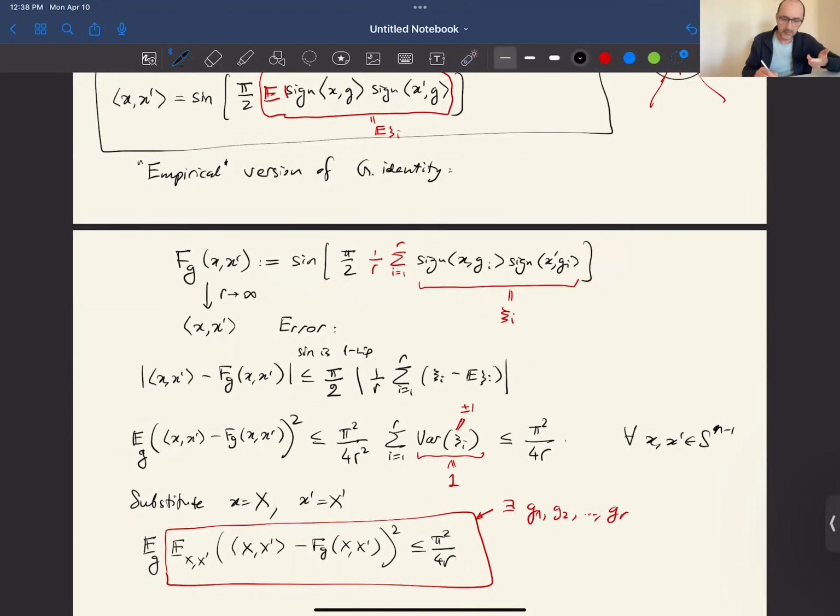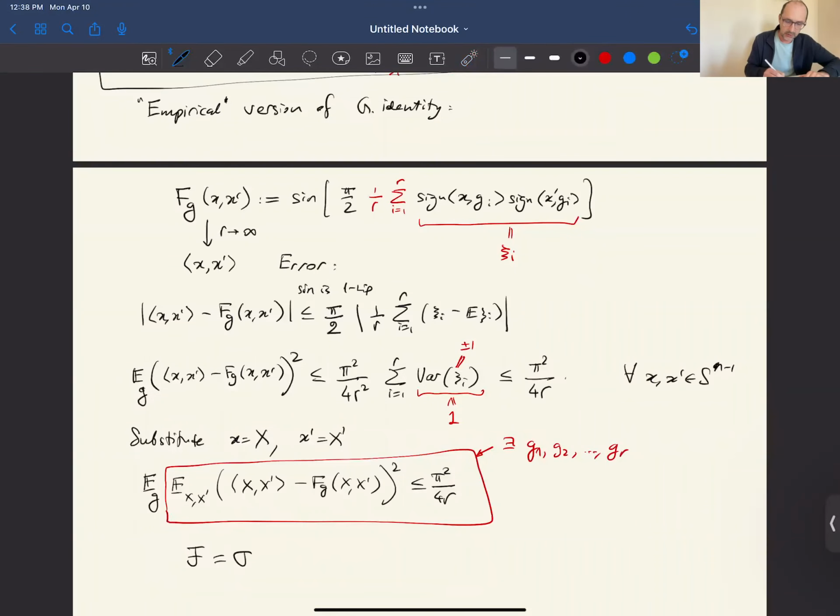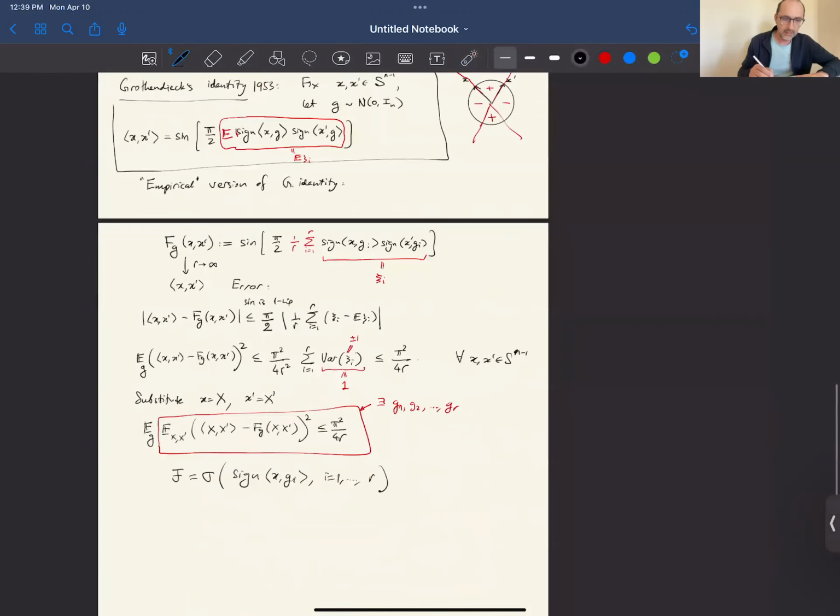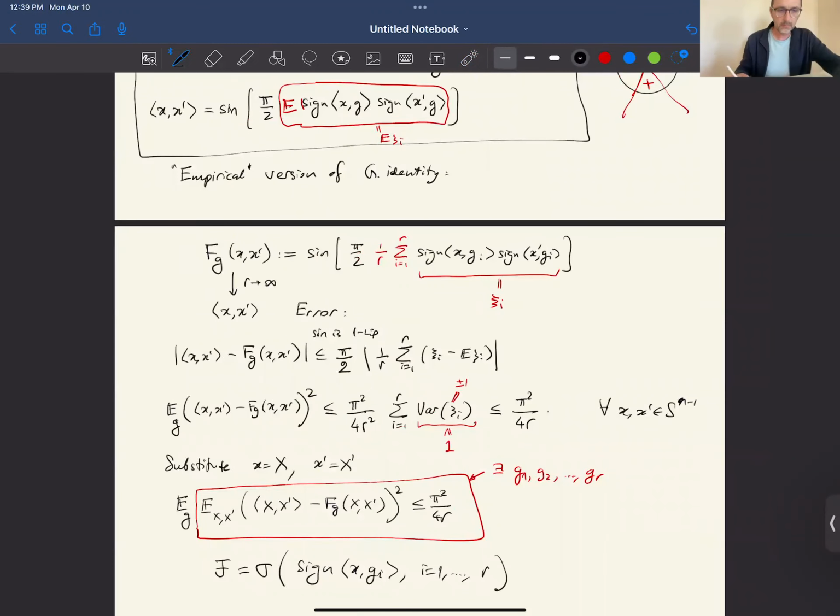f_g is kind of simple because it depends only on the signs of the r vectors. So if we take the sigma algebra generated by those signs, then that makes f_g measurable with respect to the product sigma algebra.